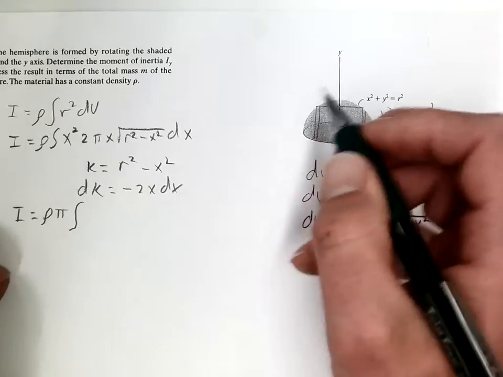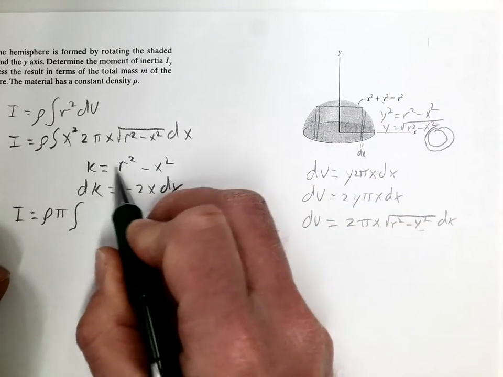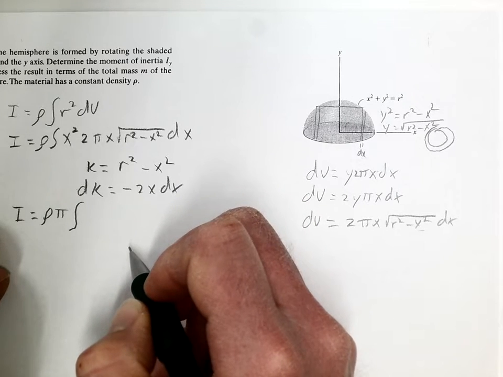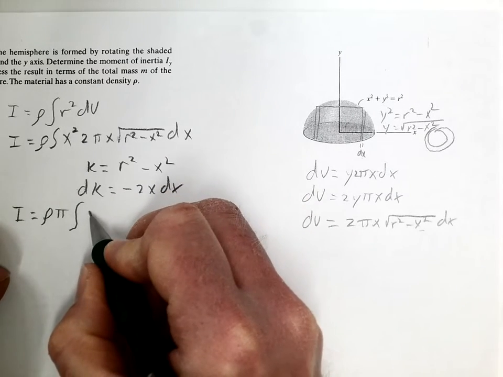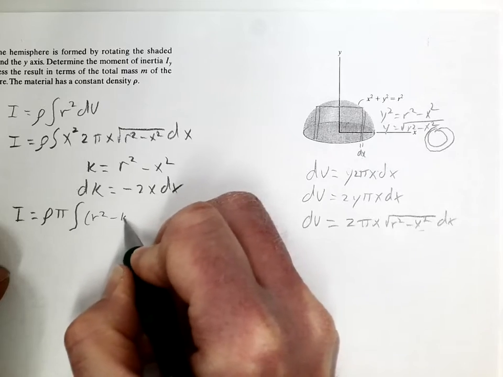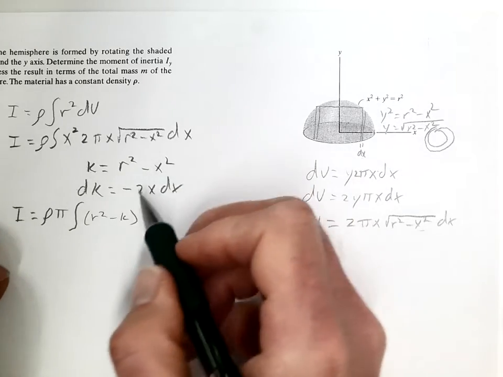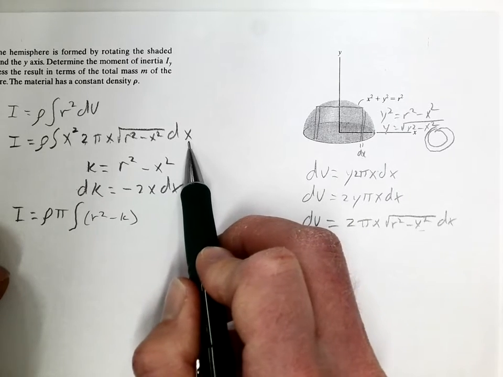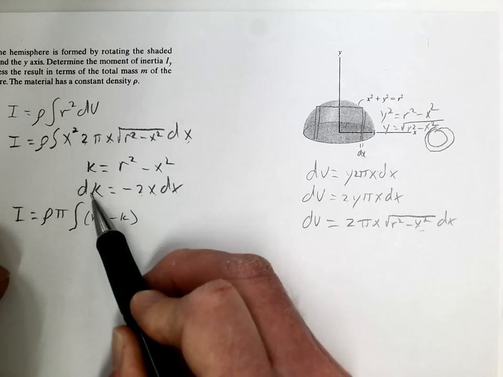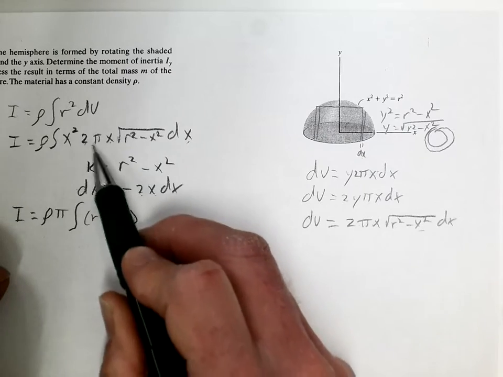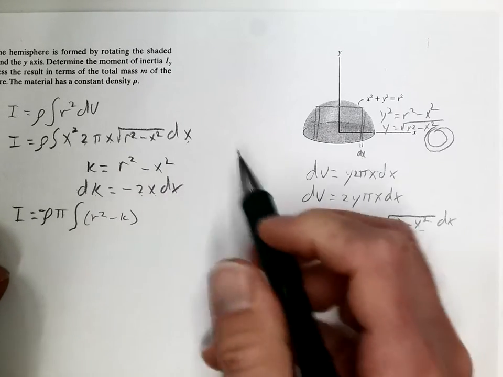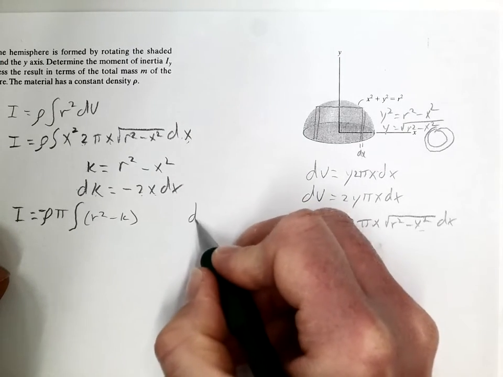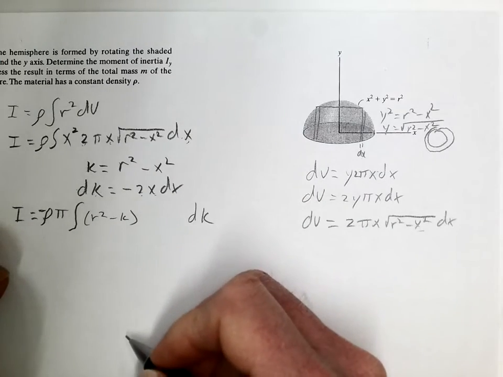So x squared is k, swap those two, r squared minus k. So we'll put r squared minus k for x squared. Now 2x dx is negative dk actually. So I'm going to put a negative out here, and I'll replace the 2x dx with dk. Put it on the end.